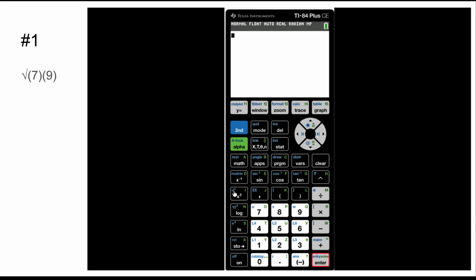In order to access this blue button, we need to hit this blue second first, and then this, and you see how the square root, or a radical, shows up. So our first problem is 7 times 9 in parentheses. So we have parentheses 7, parentheses around a 9, and then we hit enter, and this is our answer.